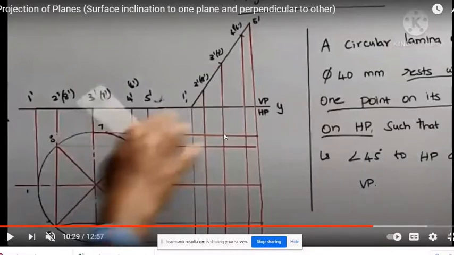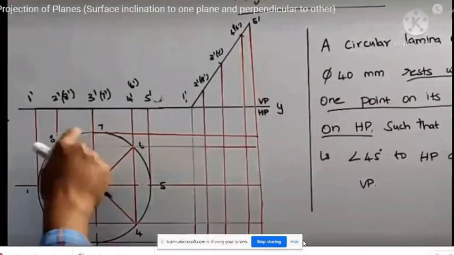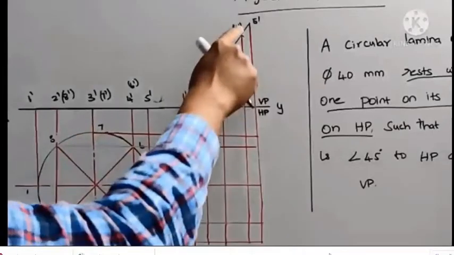Similarly, I'll explain one more example. From here I drew the horizontal line. This horizontal line corresponds to 1, and this is my 1 dash. The intersection will be my 1 suffix 1. So I'll draw something like this.